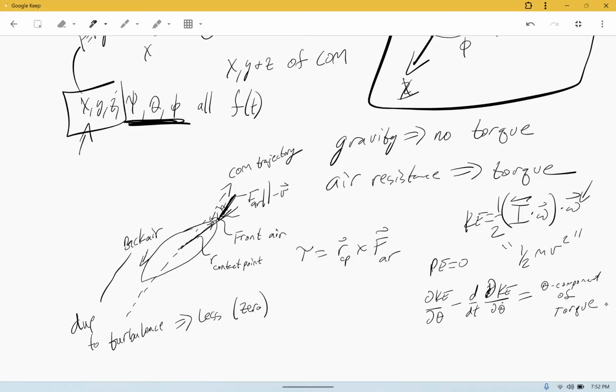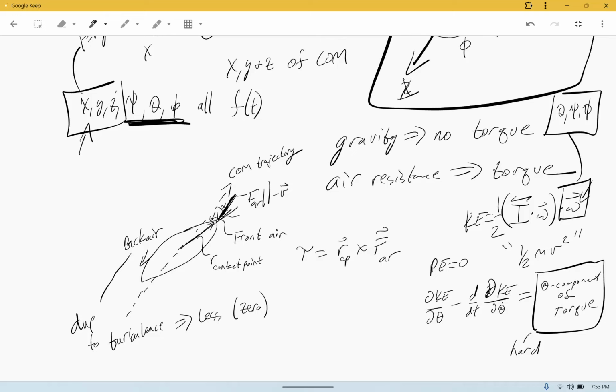So you have to figure out what the heck theta component means. If you can figure out what the theta component of the torque is, and you can figure out what omega is in terms of theta, phi, and psi, this is hard. Hard, hard. All the rest, turn the crank.